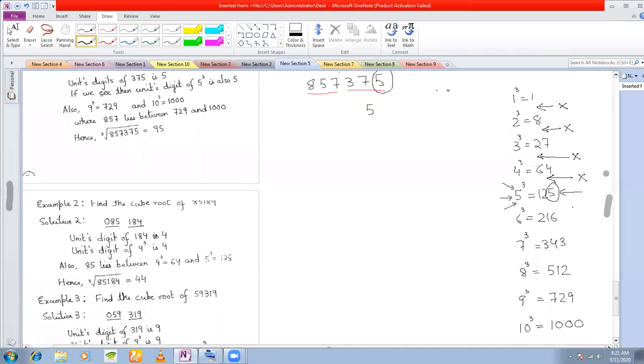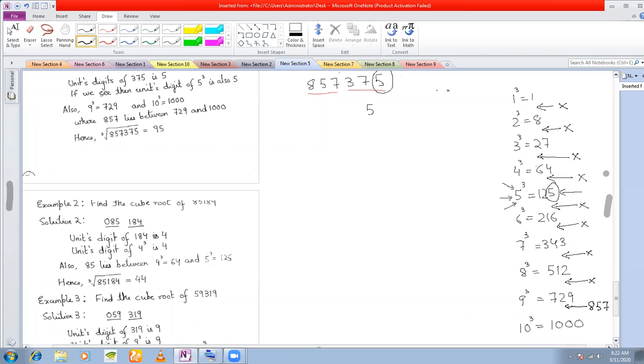Not between these two, not between these two. Yes, it lies somewhere over here. 857, am I right or not? 857 must lie between 729 and 1000.